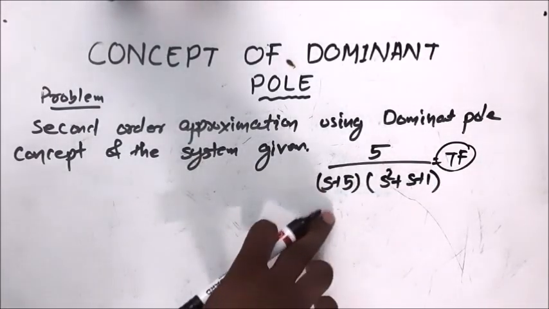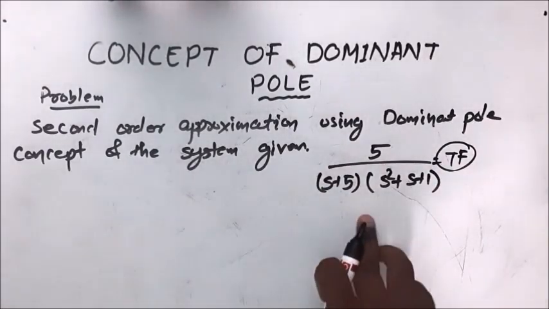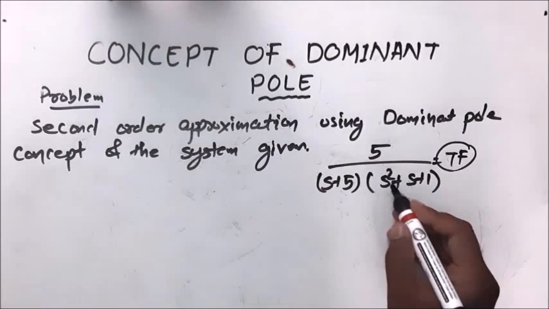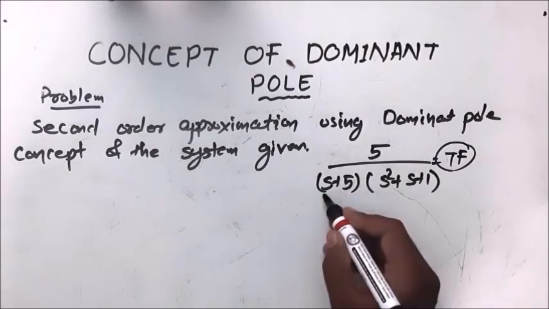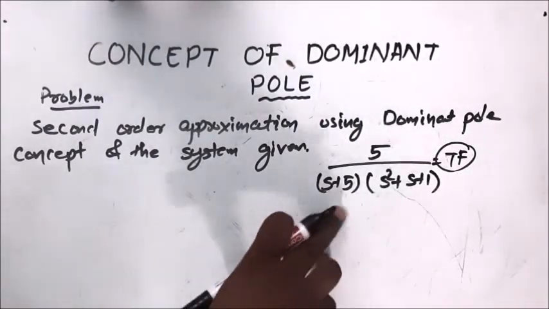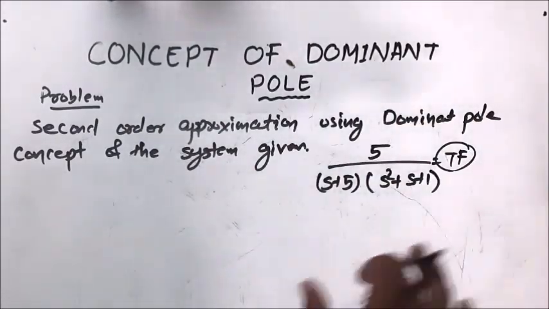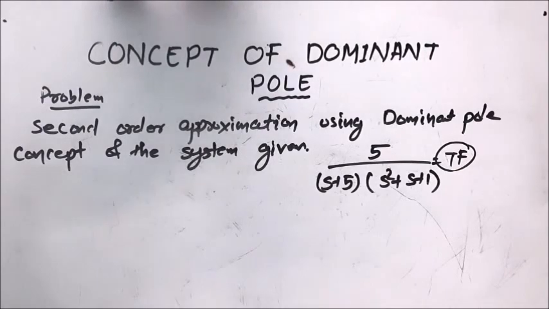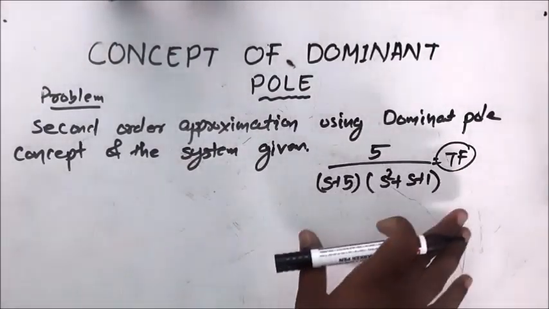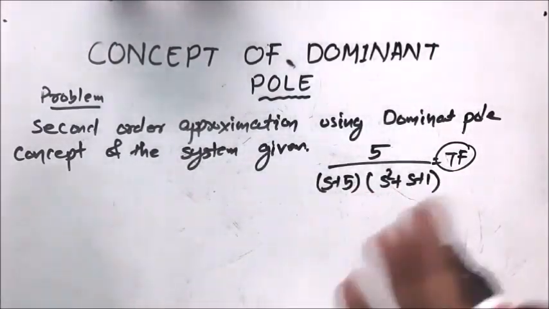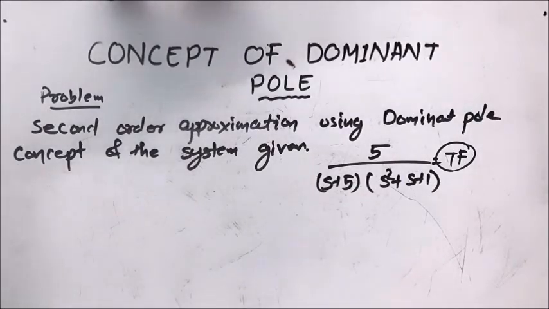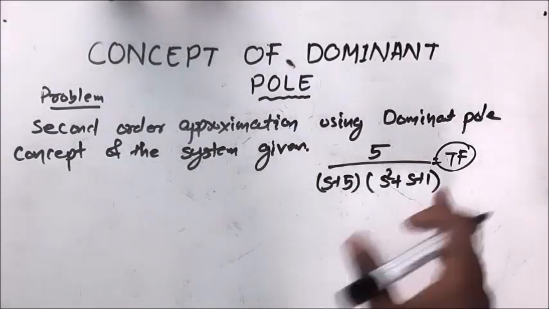By looking at the transfer function, we can say this is third order, because the square term, when multiplied with this s, becomes s to the power 3, so third order. But we need to approximate the system to second order, because we are studying second order systems. If some system is more than second order, then we can approximate it to second order.